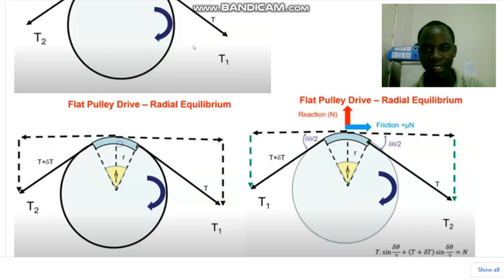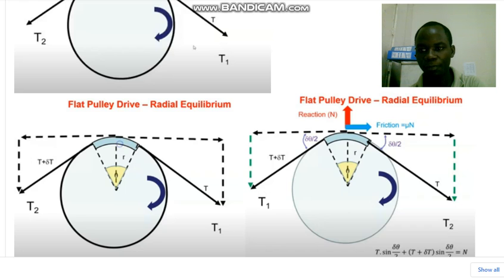That gives us the reaction force as well as the friction force, and we know that the friction is calculated by the coefficient of friction times the normal force, and the normal force here is N.